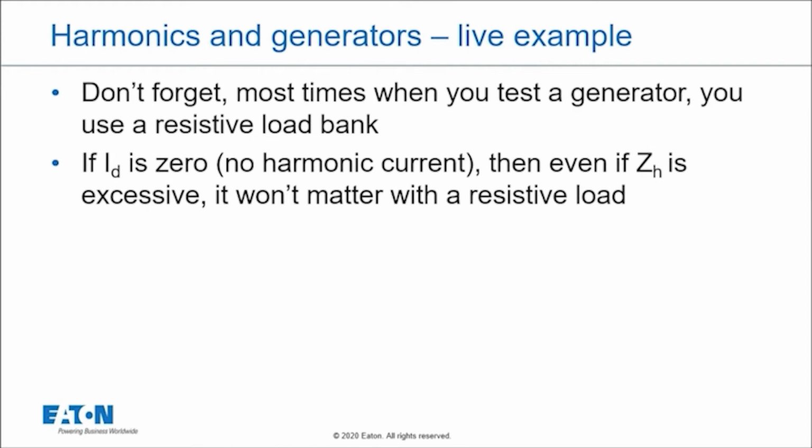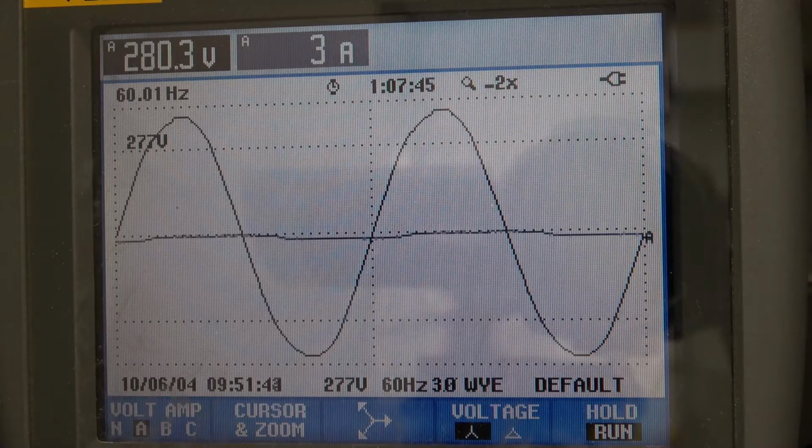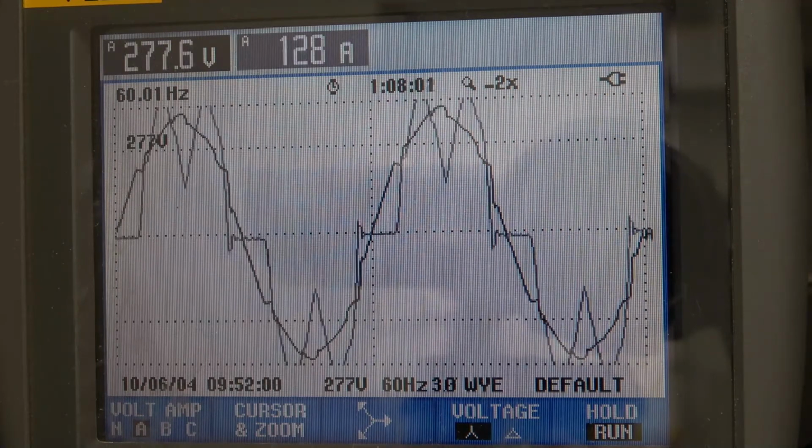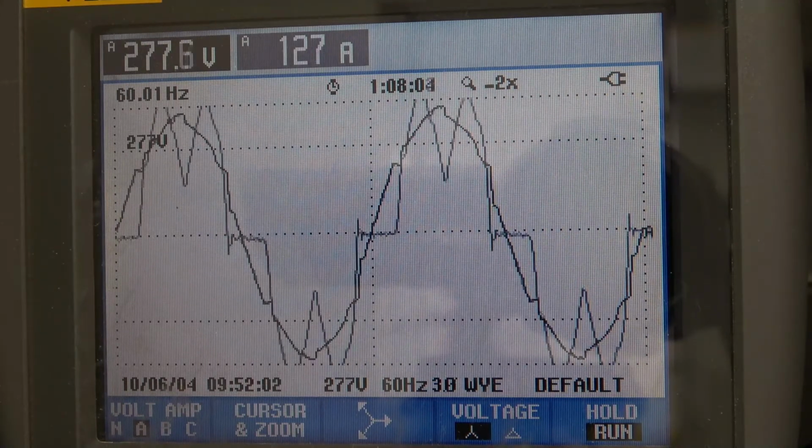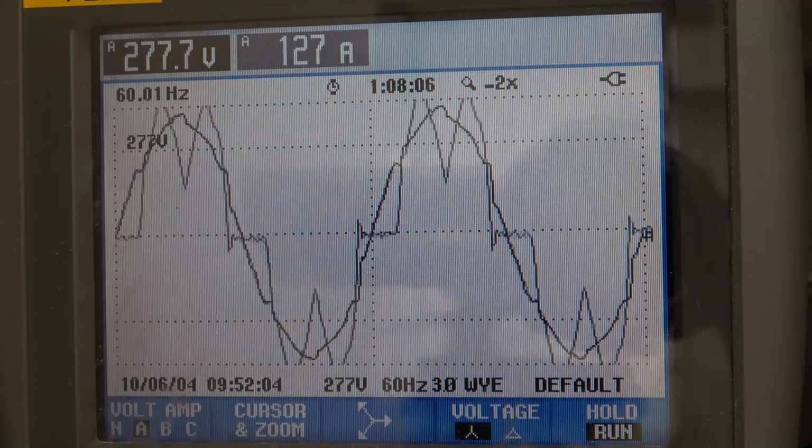So what I'll do is I'll put on 4 6-pulse drives, and I'm going to run those on the normal utility source. And then after they're running on the normal utility source, I'll transfer over to an alternate source with that high impedance to show you what the generator would look like. So right now we see our current that's fairly distorted, and we see our voltage that's fairly distorted.